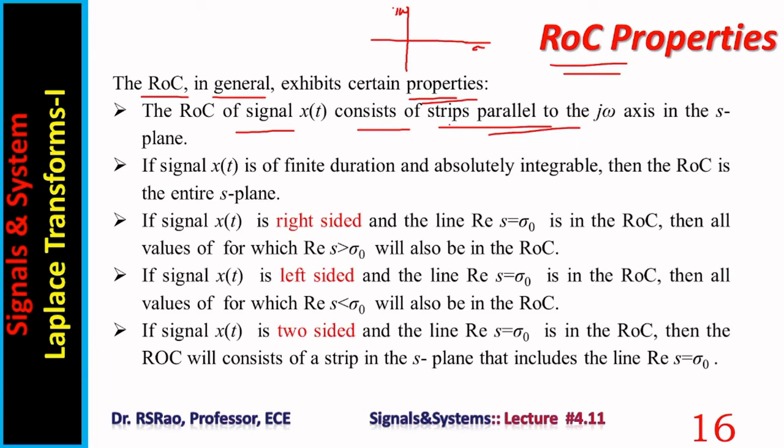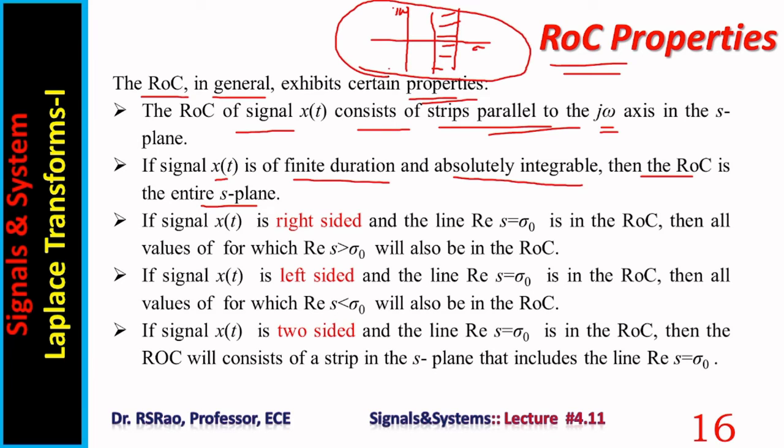This is one strip parallel to the j omega axis. If signal x of t is of finite duration and absolutely integrable, then the ROC is the entire S-plane. All values in the S-plane are in the ROC.